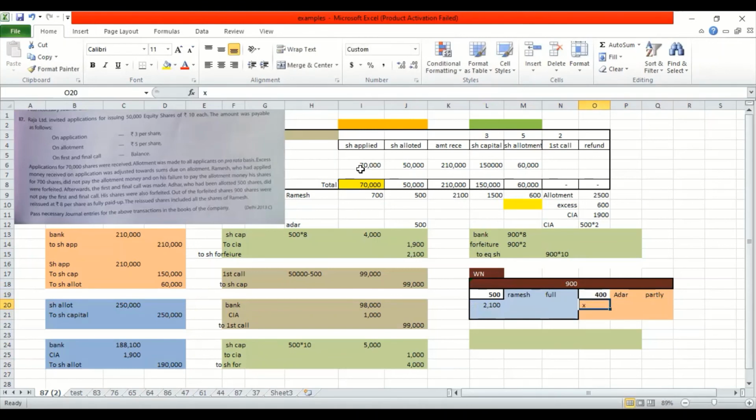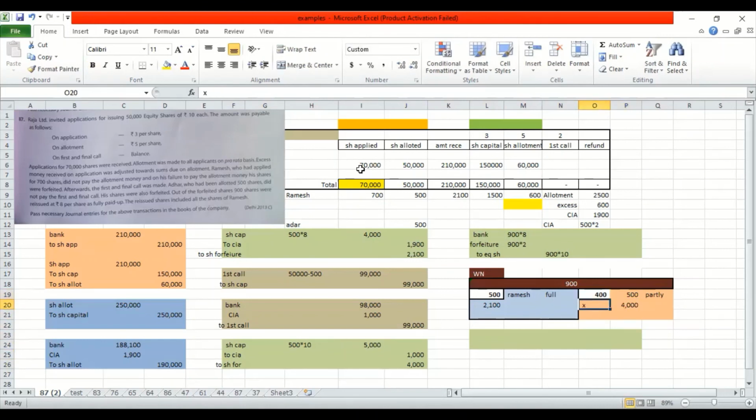So what we will do is a cross multiplication. For 500 shares, if you notice over here, we have got a forfeited amount of 4,000. So I am writing 500 shares has got 4,000 forfeited amount.